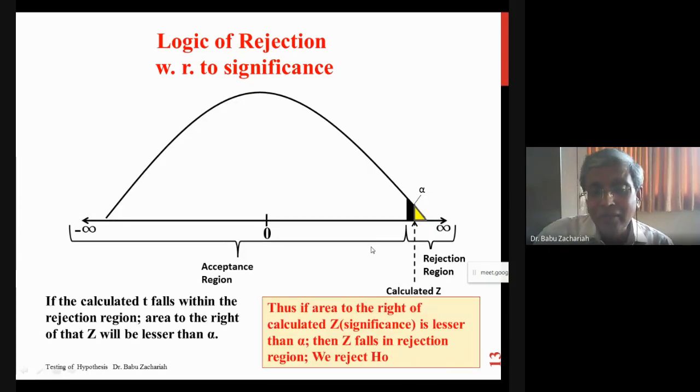So thus if the area to the right of calculated Z, that is called significance, is lesser than alpha, Z falls in the rejection region. So in our SPSS, it will calculate the Z value, and it will also give significance. If that significance value is lesser than 0.05, we reject. If it is greater than 0.05, we accept.